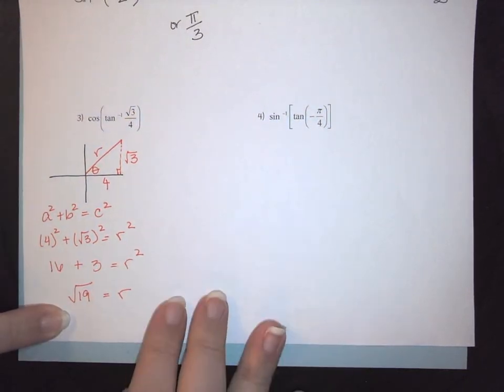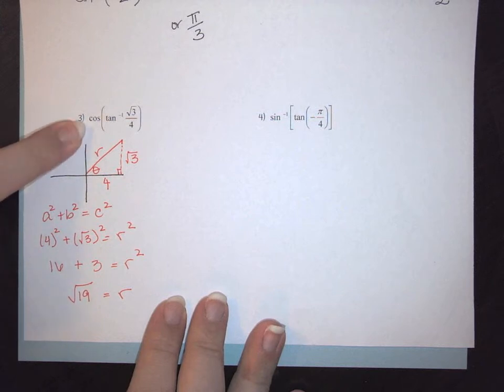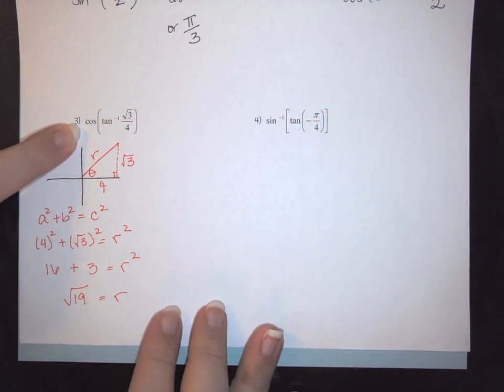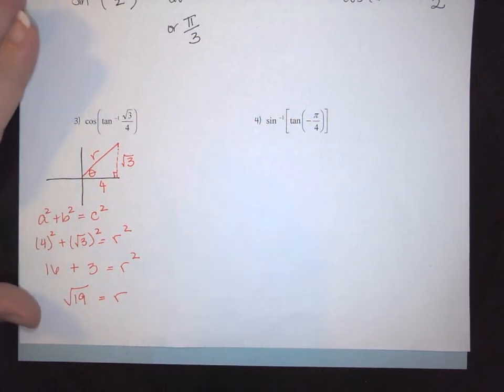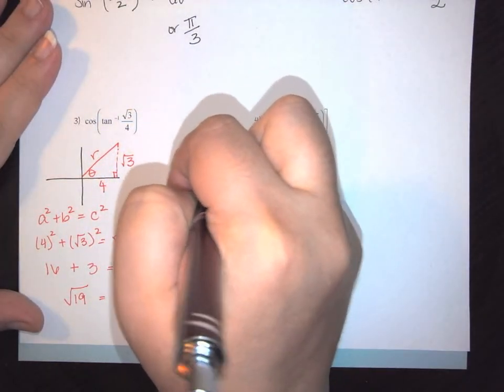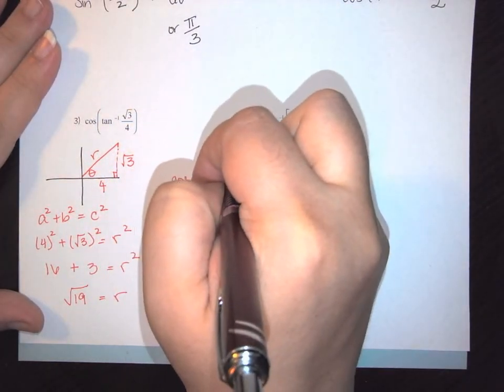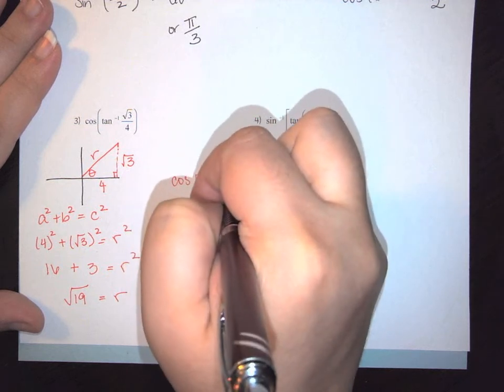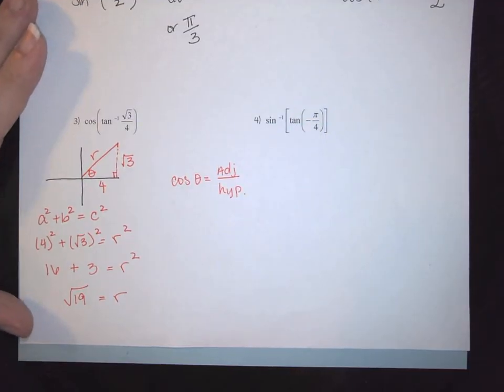Now that you know that, we can go ahead and find the cosine. Okay, so remember your cosine of an angle is going to be adjacent over hypotenuse.